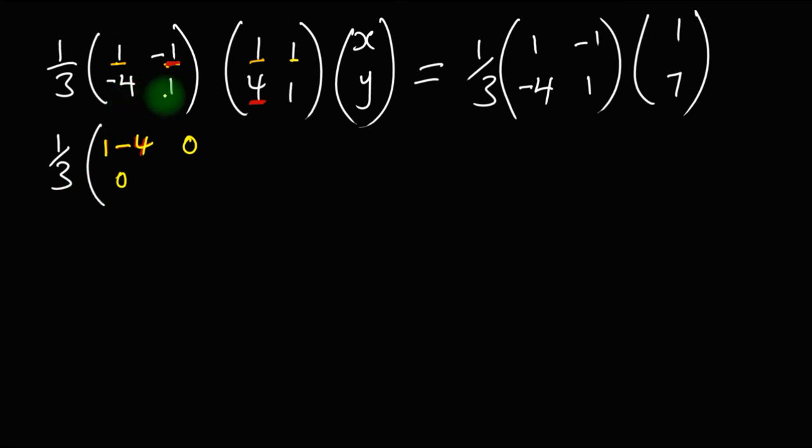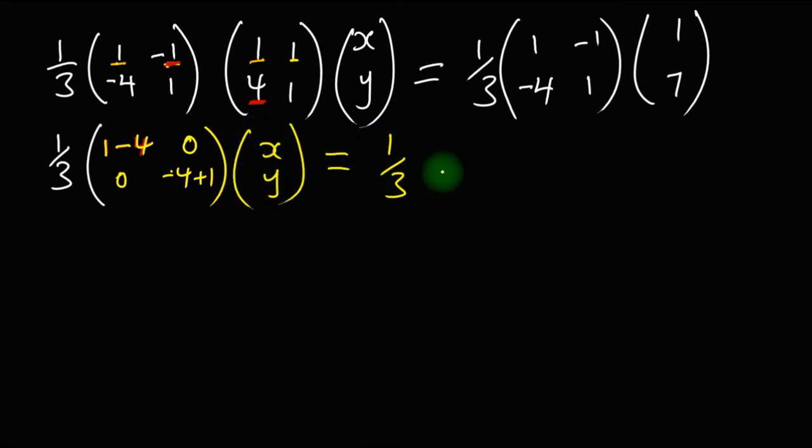Then the second row multiplied by the second column. So -4 times 1, -4, plus 1 times 1, 1. So -4 plus 1.